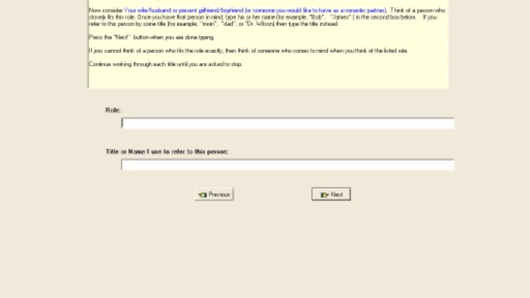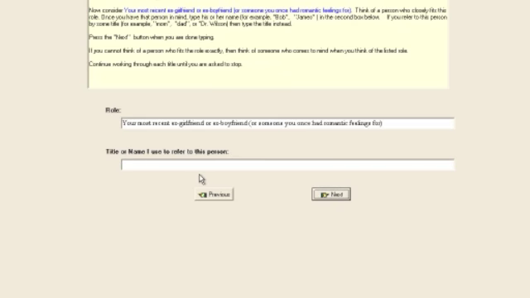The theory that's used is called role construct or personal construct psychology, or PCP. And it's used, for example, in business to determine suitability for employment.